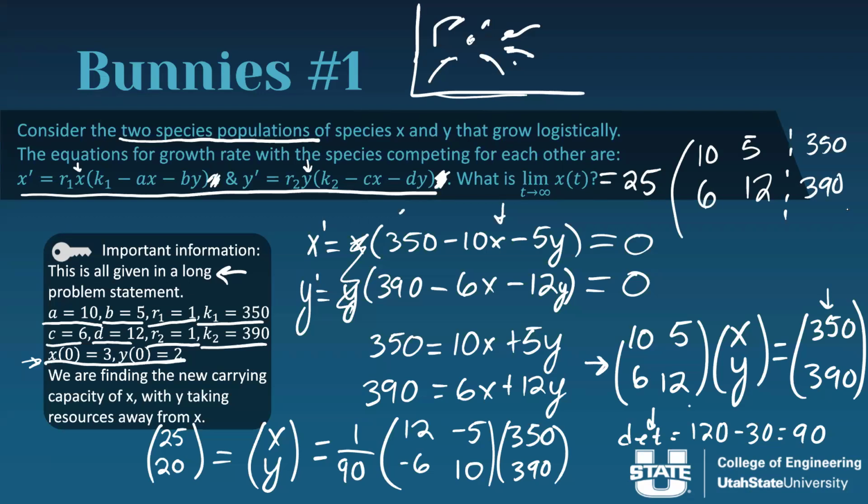Now we're just going to essentially do reduced row echelon form. And when we get this left-hand side to the identity, we'll have the solution over on this side. That's just another way to solve this.